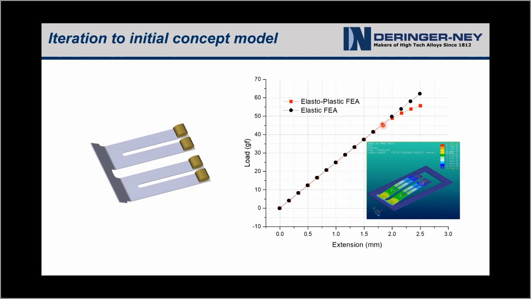We did an elastoplastic model and an elastic model. The elastoplastic model shows us that our elastic model is most likely completely invalid after about 1 3/4 millimeter of deflection.